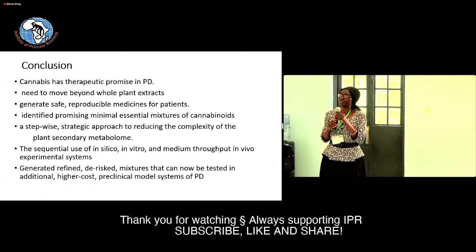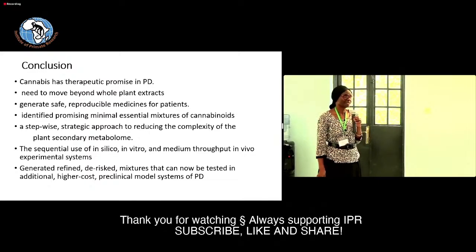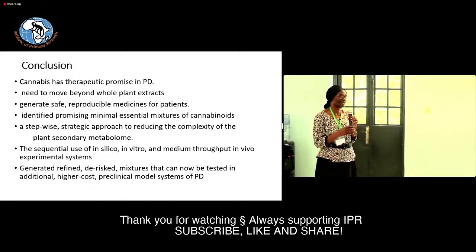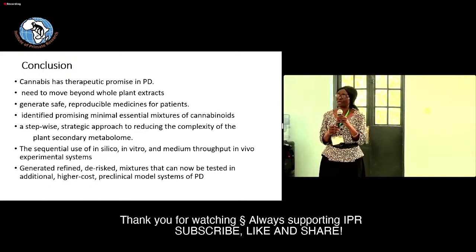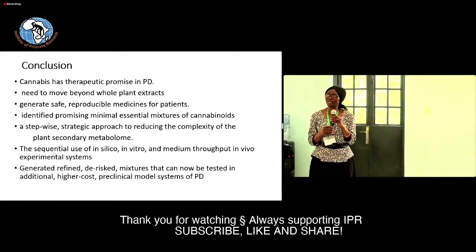So we have a stepwise strategic approach to reduce the complexity of secondary metabolites. And again, this paper demonstrates the techniques that one can use in this kind of study in terms of in silico, in vitro, and they also use medium throughput in vivo experimental systems.